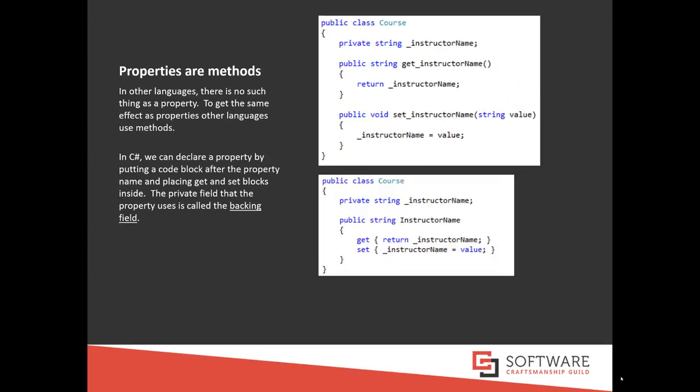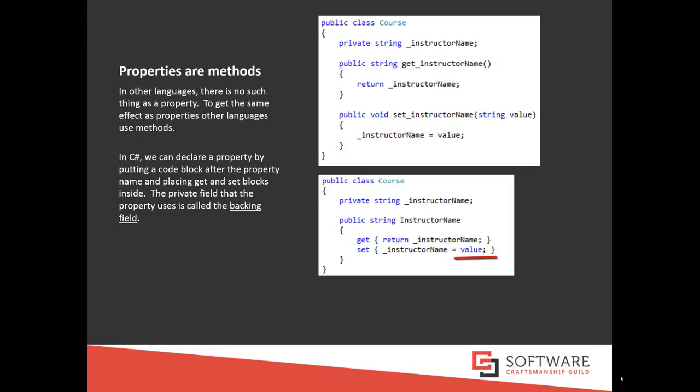The next code sample shows how we do this in .NET with properties. In C#, we can still have the backing field, but we can shorthand those two methods by putting them as get and set. Get still returns the value of the private backing field, and set still sets the backing field to the value passed in.